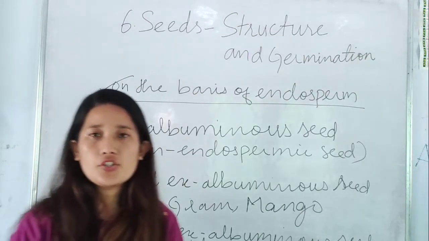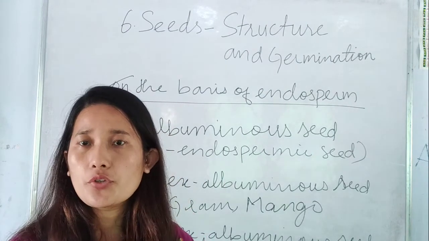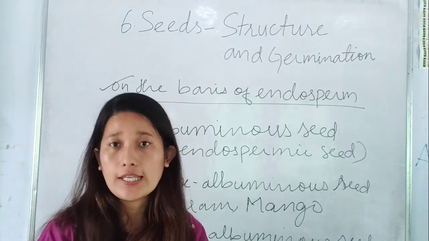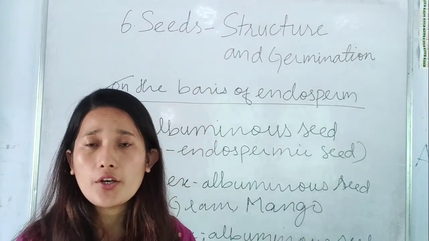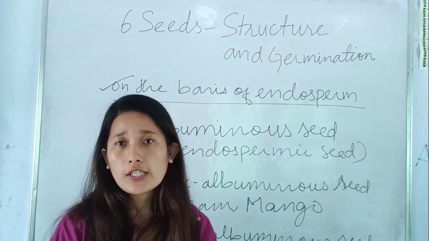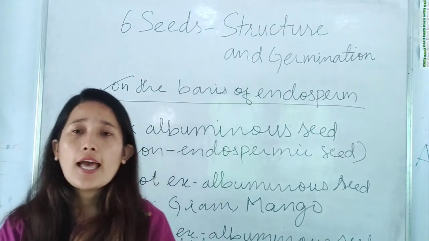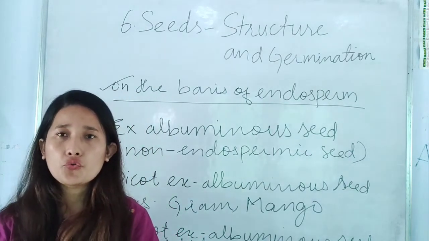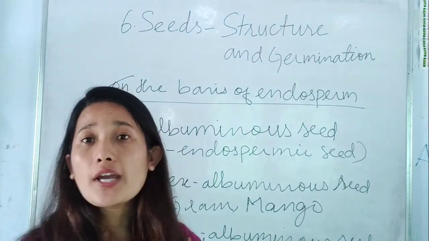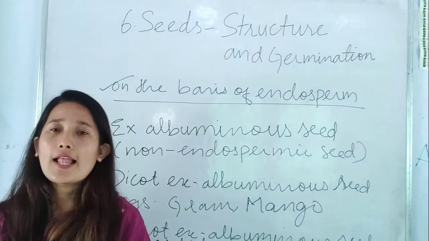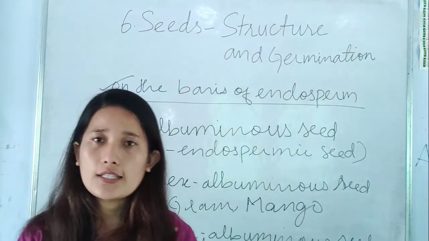Another type is the ex-albuminous seed, also known as non-endospermic seed. In this seed, the major portion is covered by the cotyledon. The cotyledon becomes thick and fleshy, and stores food. They provide nourishment to the growing embryo. Those kinds of seeds are referred to as ex-albuminous seeds.